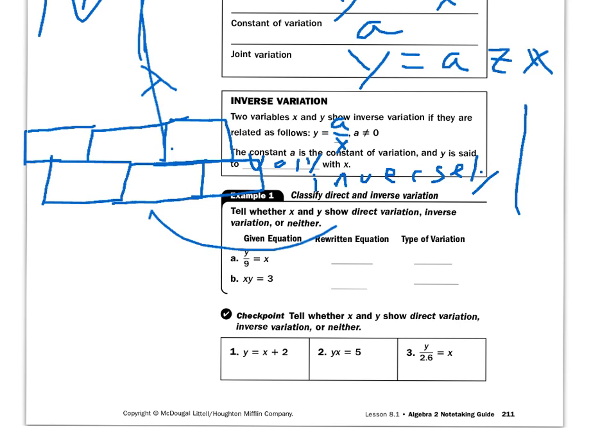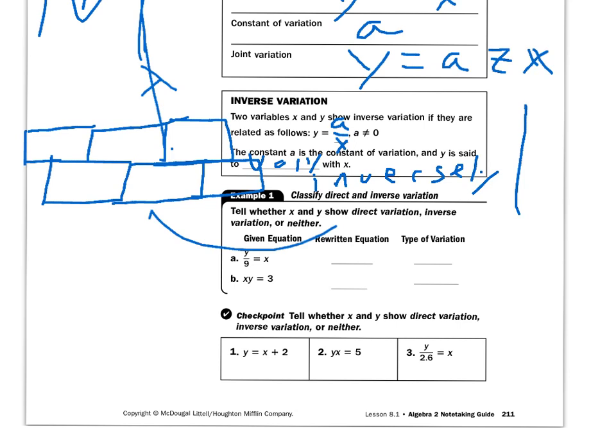Tell whether x and y show direct variation, inverse variation, or neither. When we talk about direct variation, we're talking about things like the more hours I work, the more money I get paid. So if I work more hours, then my money goes up. So when I look at this thing, is this direct or indirect?